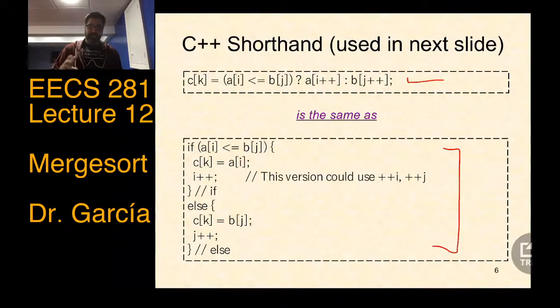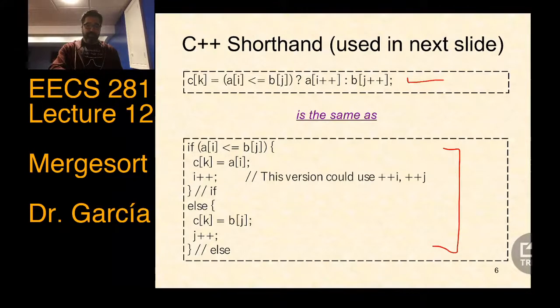I'll let you sort through that. All this is doing is basically if a at i is less than or equal to b at j, then I move that value from a and put it in c, and then increment the pointer, which in this case is just an integer i. And then there's an else.